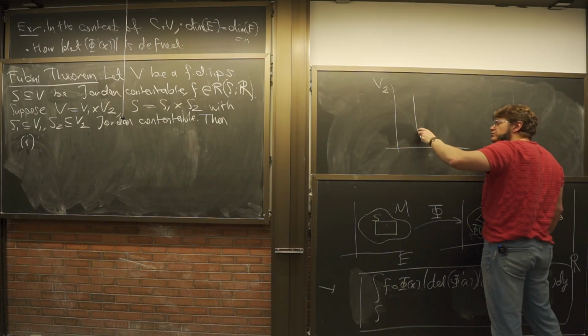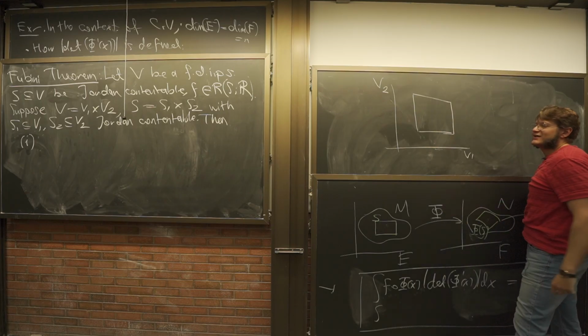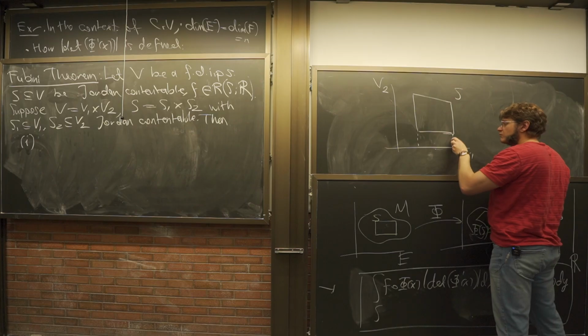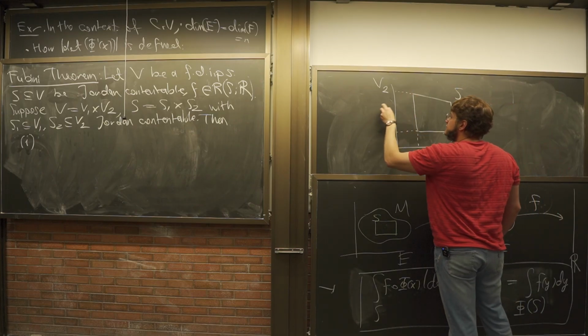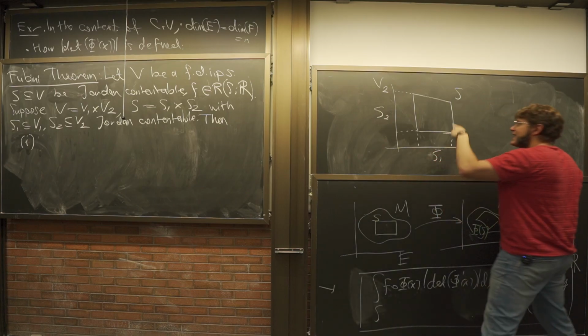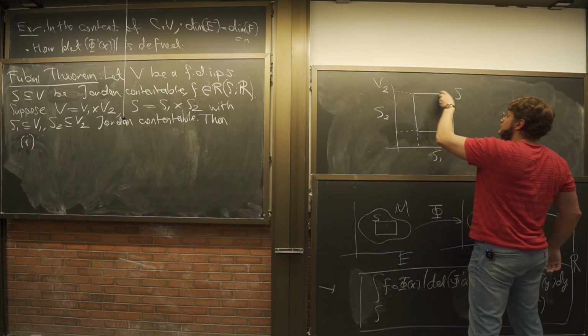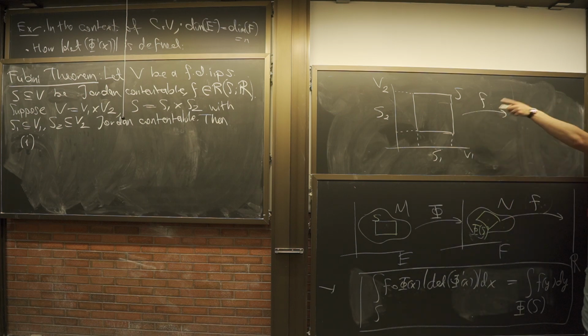I have a product set. I'm just going to pretend that it's a box, of course. This is my S. This is S1. This is S2. And I have an integrable function defined on this box.